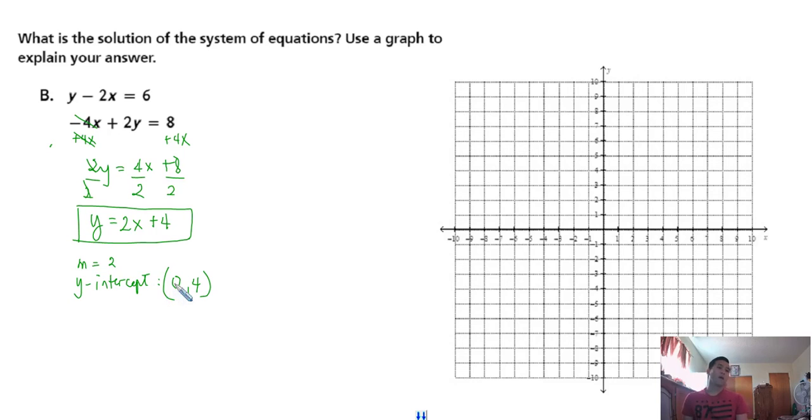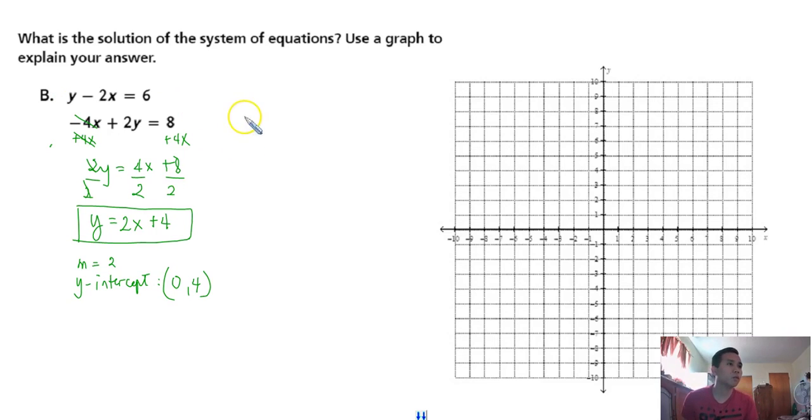Okay, and the other one, maybe I'll be using blue again here. This is blue. So we have to rewrite this one also in y equals mx plus b. Sorry about that.